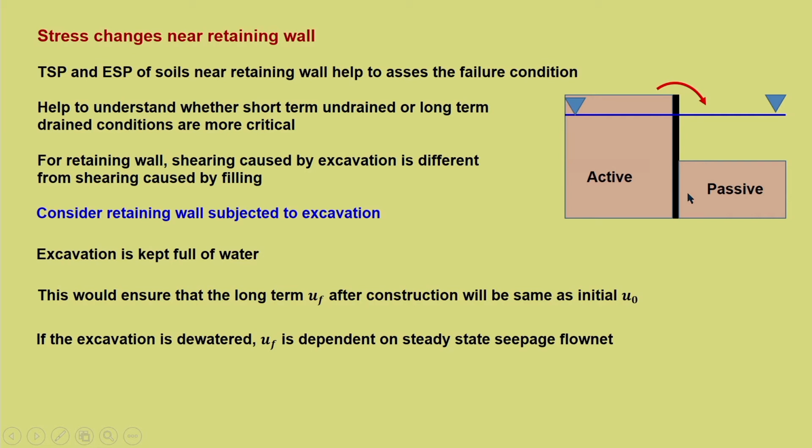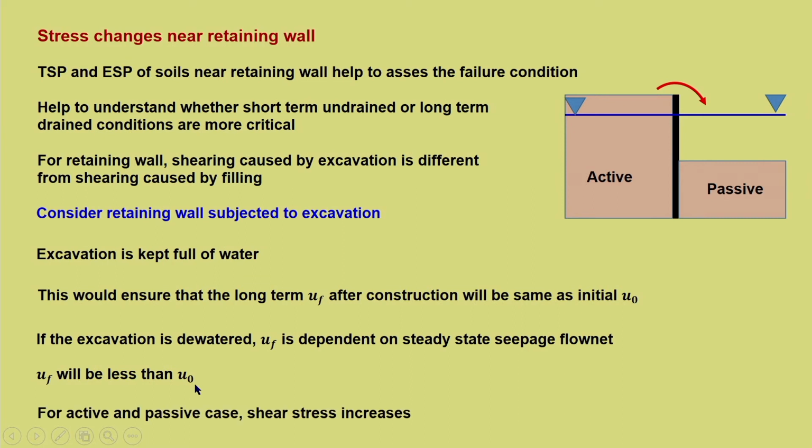To avoid that complication, for this example we are considering the water level to be unchanged, so it remains the same. UF will be less than U naught if steady state seepage is happening; the final pore water pressure will definitely be less than the initial pore water pressure U naught. For active and passive cases, irrespective of the direction in which the retaining wall is moving, in both cases the shear stress increases, and whether it is active or passive, it is bound to fail at some point of time.